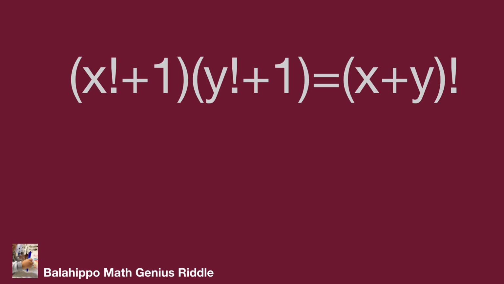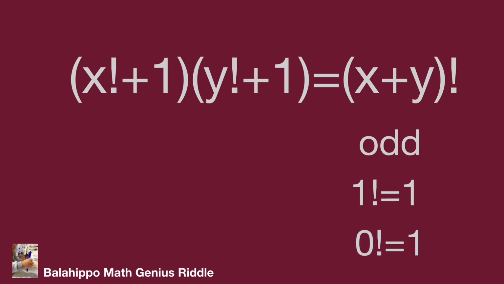If it is an odd number, the value of (x plus y) factorial can only equal 1, because as we increase the factorial value, they are all even numbers. So there are two conditions to get 1: 1 factorial equals 1, or 0 factorial equals 1.